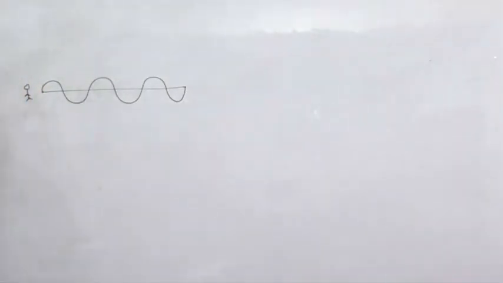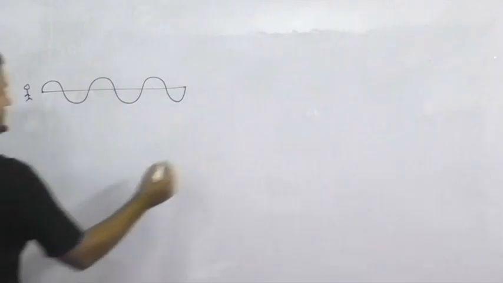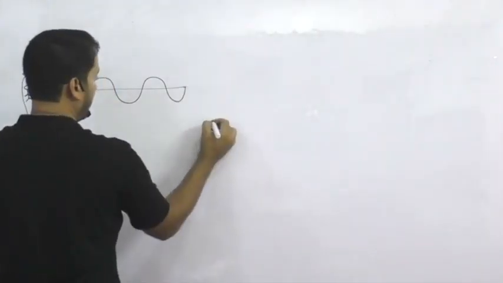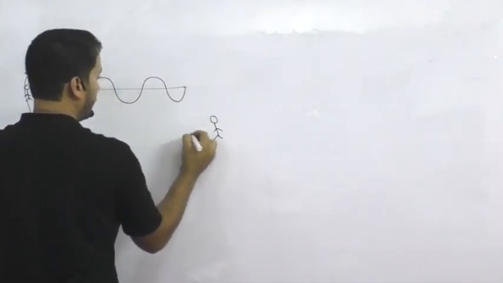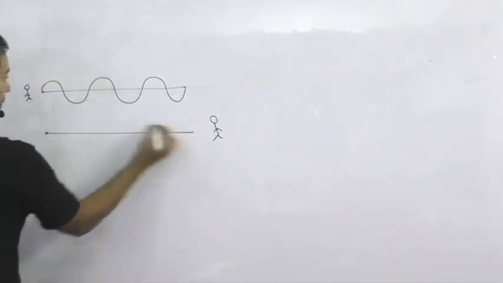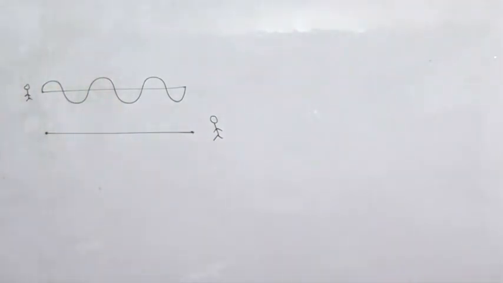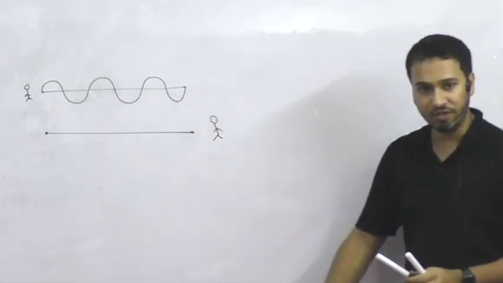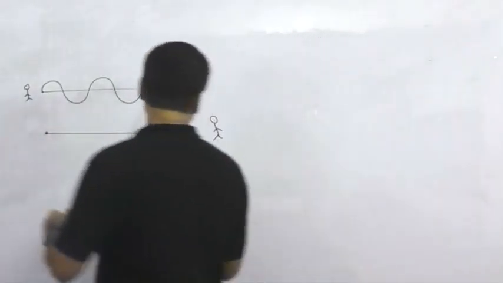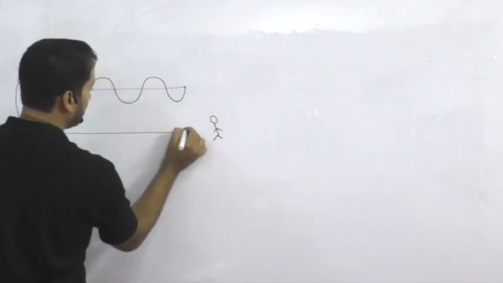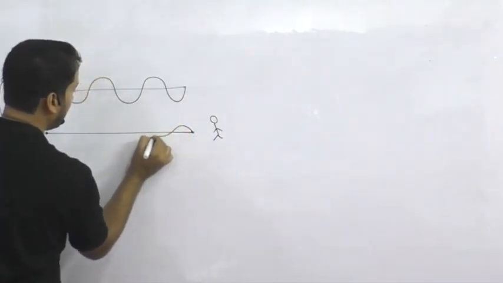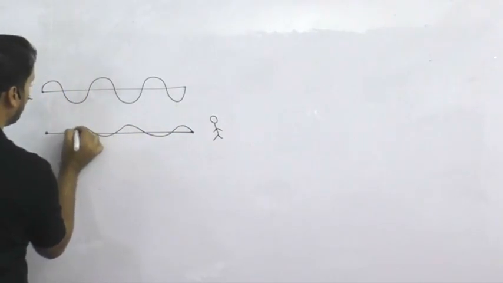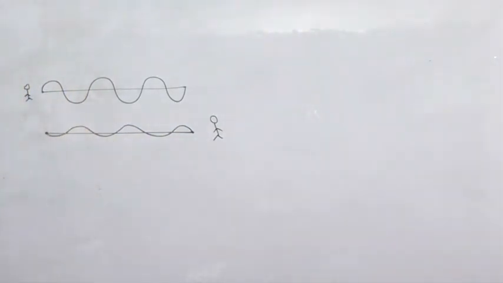And let's say I have another boy here holding the same string. Now, if this other boy also starts to create waves on the string, but he starts to do it like this.